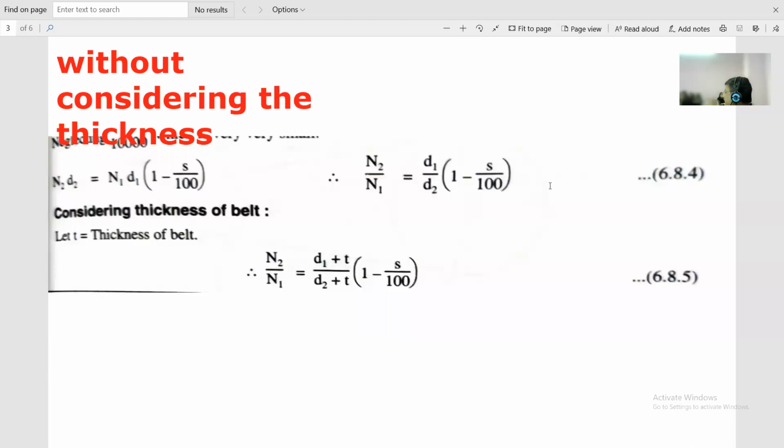Okay, slip तुम्हाला दिलेला असतो. So just you add it and you will get the slip of belt into the consideration. Slip म्हणजे, सांगितलं की आता.